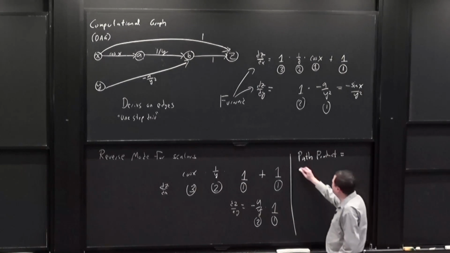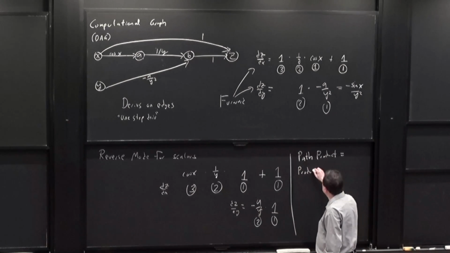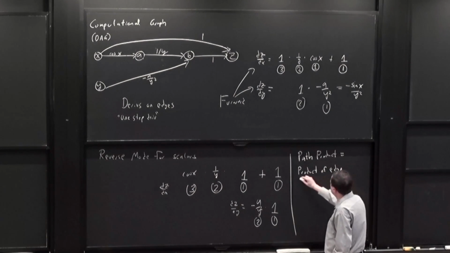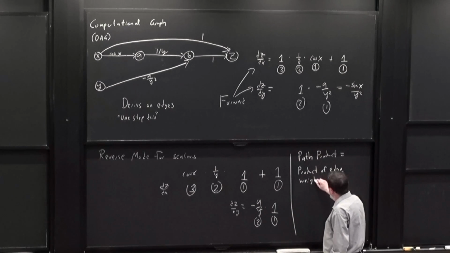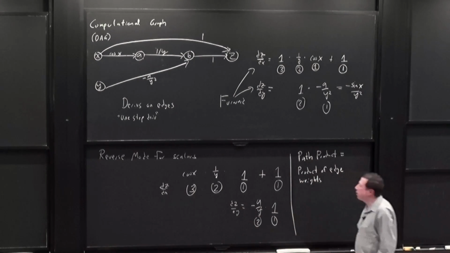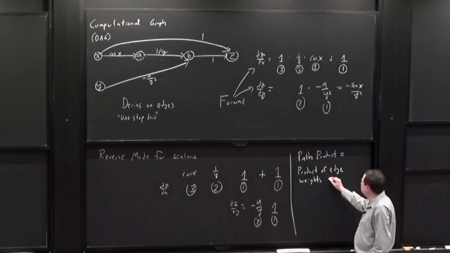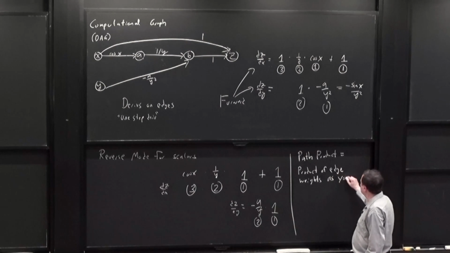The path product is the product of the edge weights as you traverse a path. The product has to be in the right order if it's associative but not commutative.